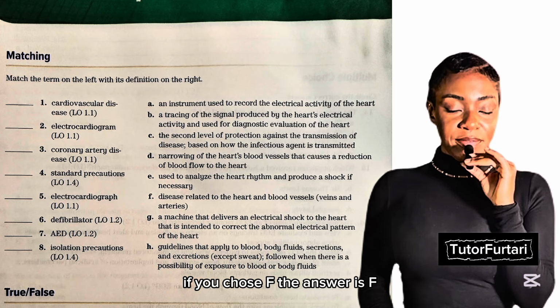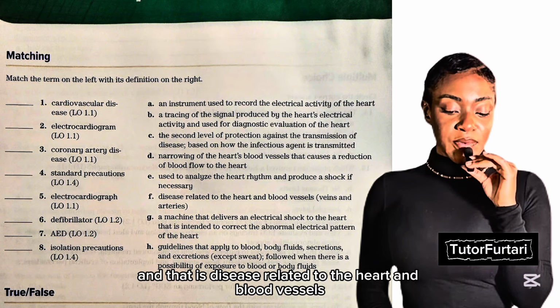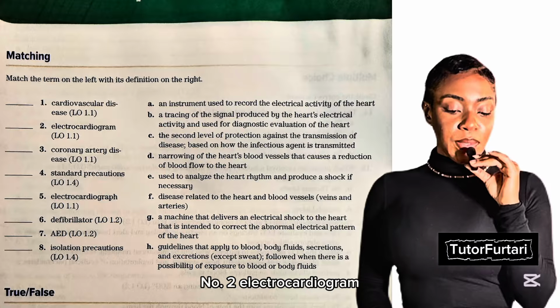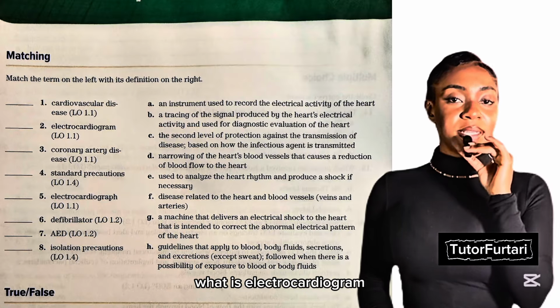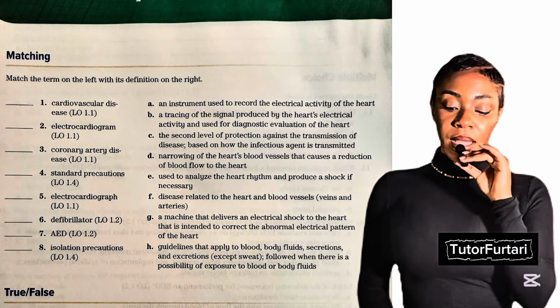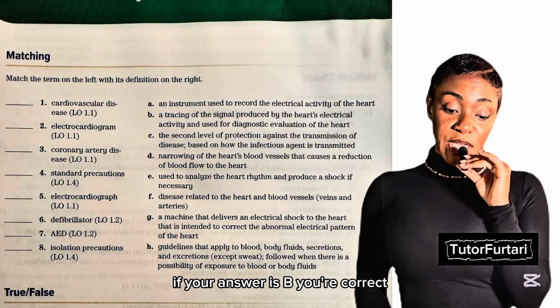If you chose F, the answer is F, and that is disease related to the heart and blood vessels. Number 2, electrocardiogram. What is electrocardiogram? If your answer is B, you're correct.